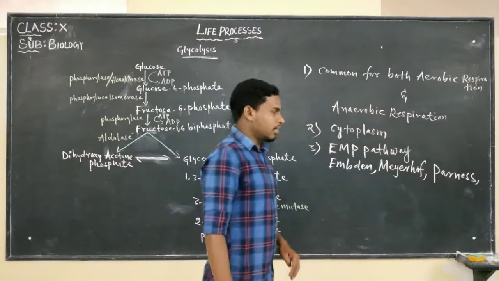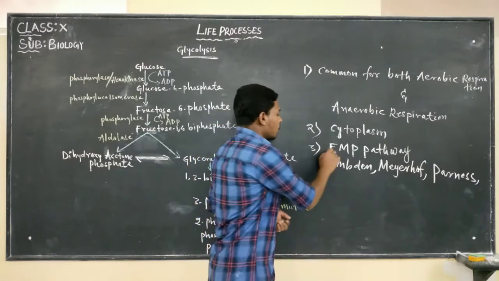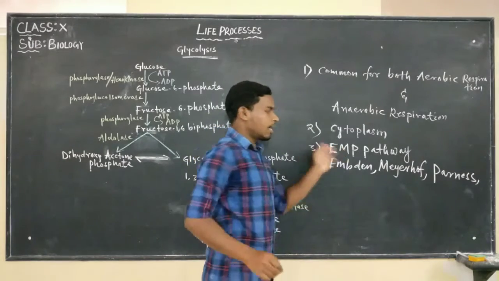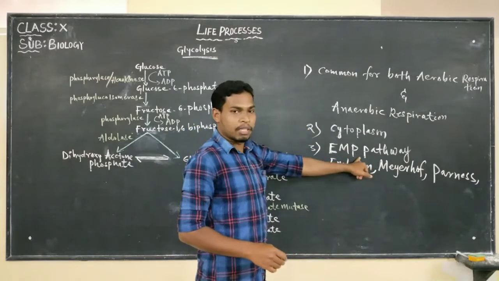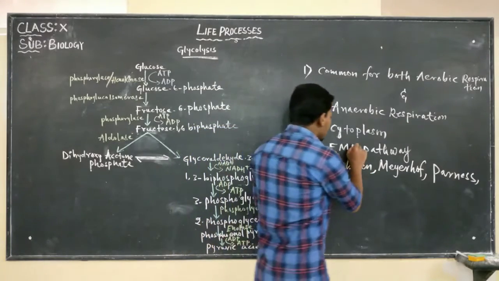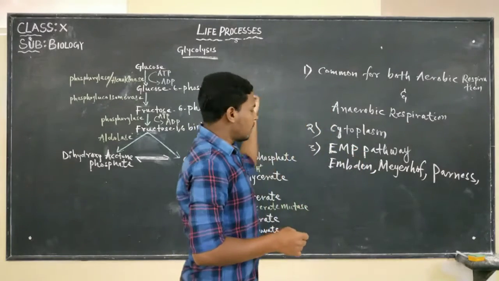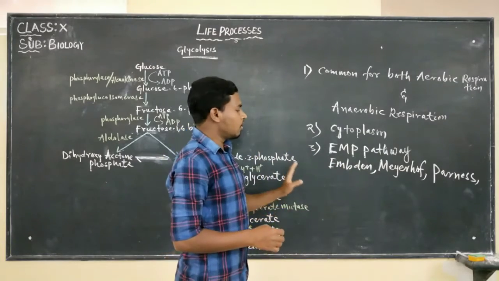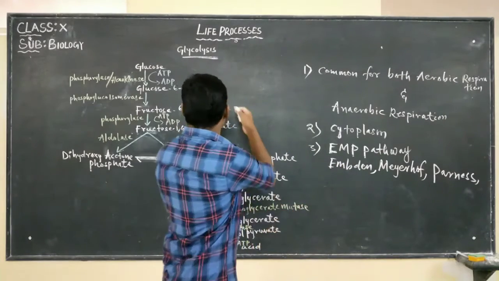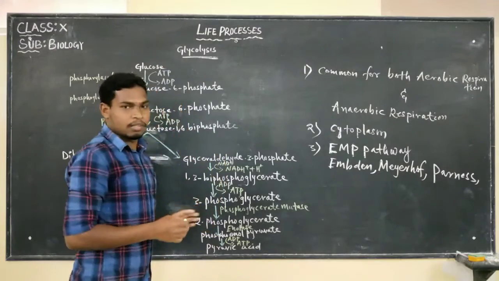These were the 3 scientists who gave us the EMP pathway. Don't get confused: EMP pathway means glycolysis, and glycolysis means EMP pathway. So these are the 3 points we need to keep in mind before we go further into the glycolysis process.